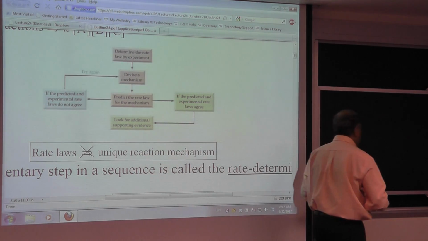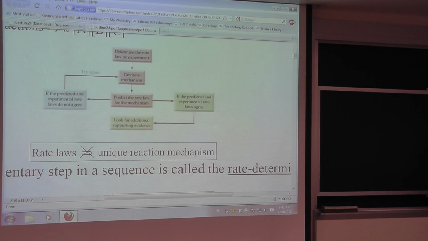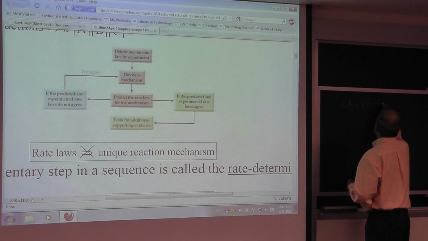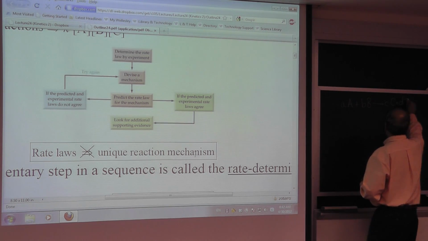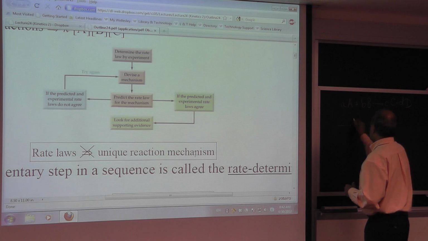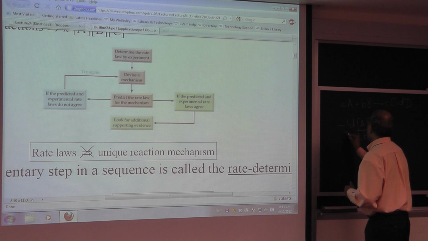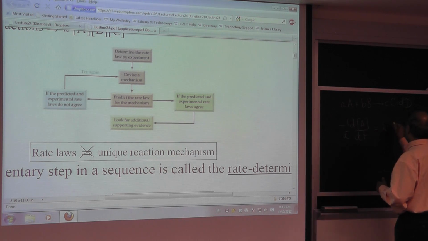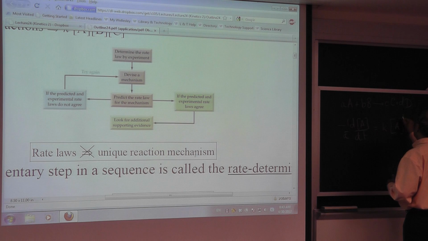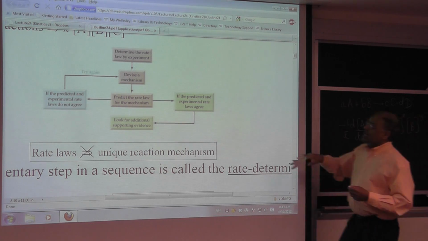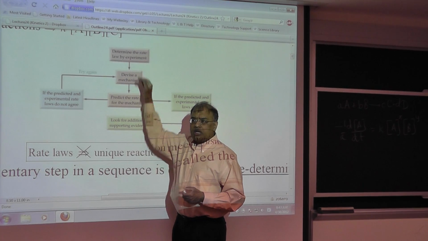What I mean by determining the rate law is to determine, for this reaction here, minus dA/dt times 1 over A is equal to K times A to the power X, B to the power Y. So this is what I mean when I say do experiments to determine the rate law.